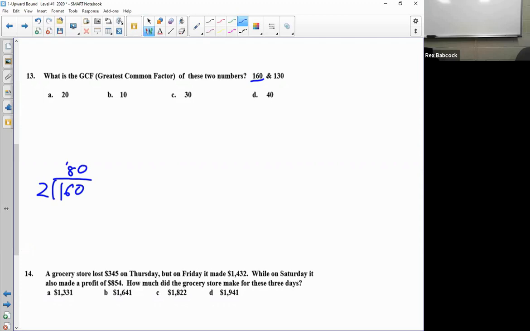2, 80. 2 goes into 80, 40. 2 goes into 40, 20. 2 goes into 20, 10. 2 goes into 10, 5. 130. 2 goes into it, 65. 2 won't go again. 3 won't go again. 5 will. 13. 13's prime.